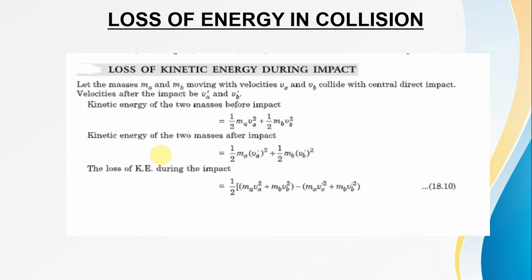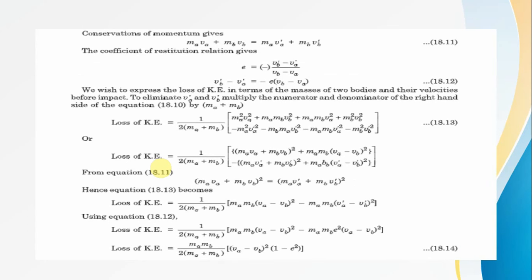But let us suppose we do not know Va dash and Vb dash, and we want the kinetic energy formula in variables Ma, Mb, Va, Vb. So how to do that? Let's do some derivation related to this. As we know, the conservation of momentum is MaVa plus MbVb equal to MaVa dash plus MbVb dash.